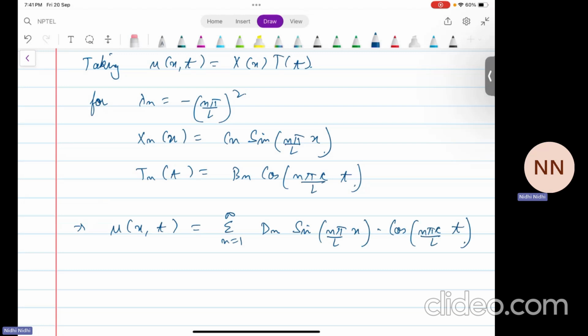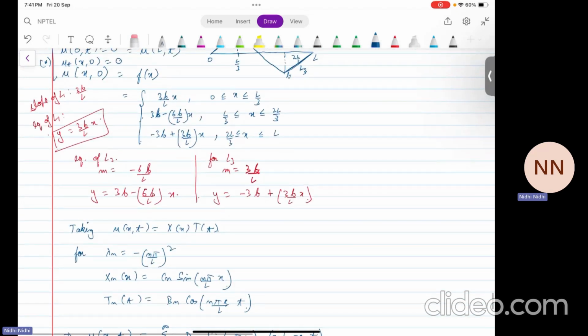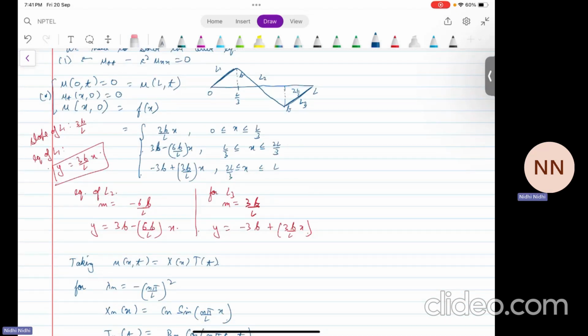So till now you must have used just the three initial conditions: u(0,t), u(L,t) and u_t at (x, 0) is 0. Next we will be using the condition u(x,0) equals to f(x).